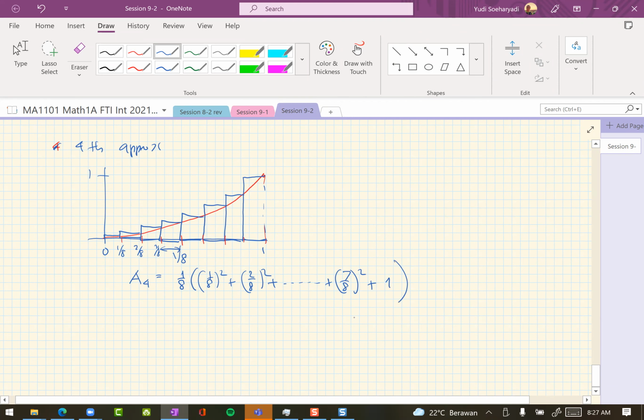In the end, just one, because that's 8/8 squared. Okay, and then, well, you see what's the error? Even smaller than from here. E4 is even smaller than this. Okay, so the fourth approximation is better.